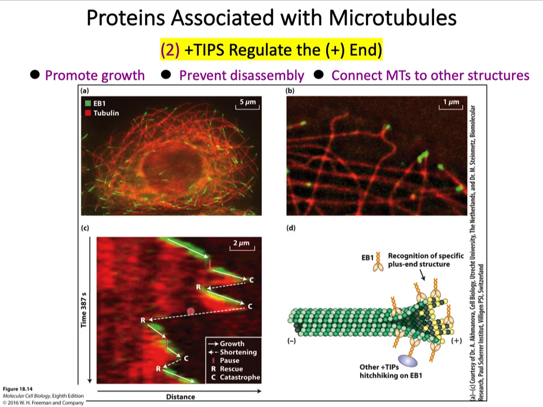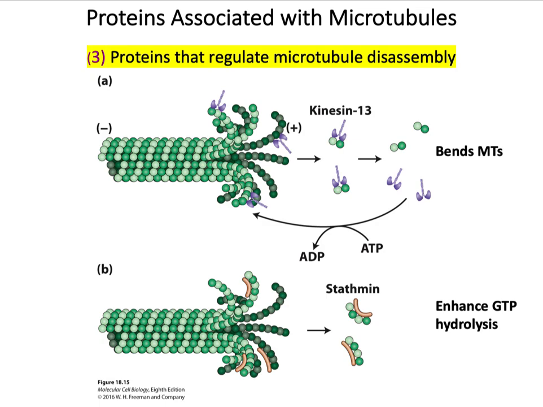So this bottom right diagram, on the other hand, depicts the current view of how the end-binding proteins interact with the microtubules. It is thought that there is a special structure at the plus end that attracts the end-binding proteins to that particular portion of the filament, but further research is needed in these areas to prove this hypothesis.